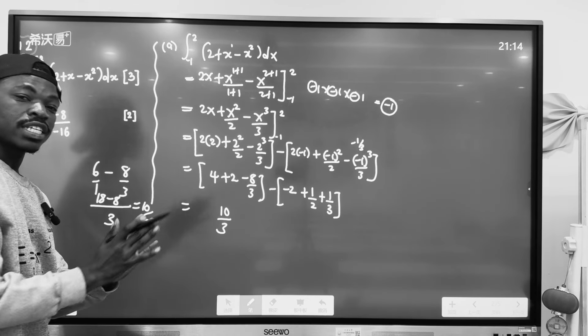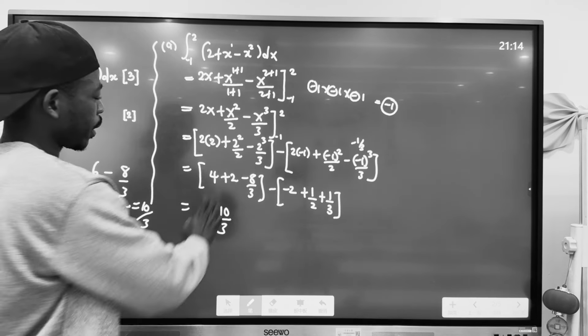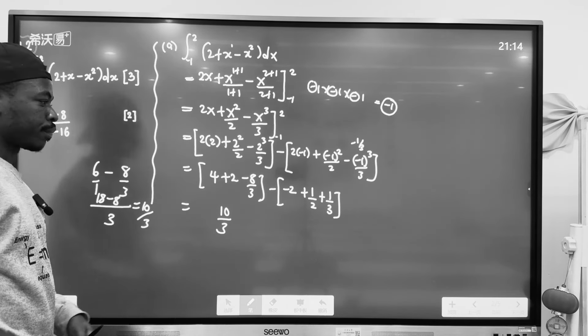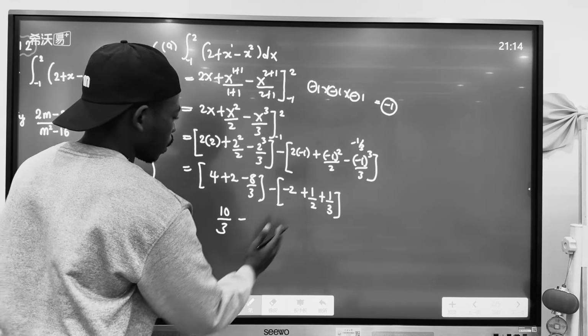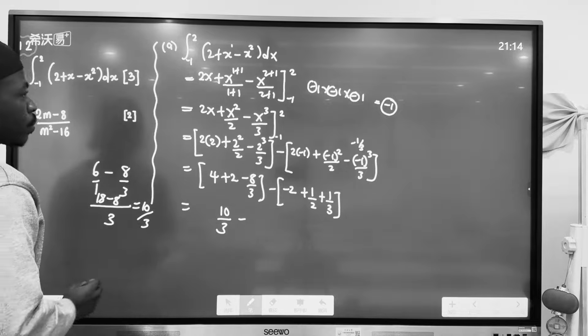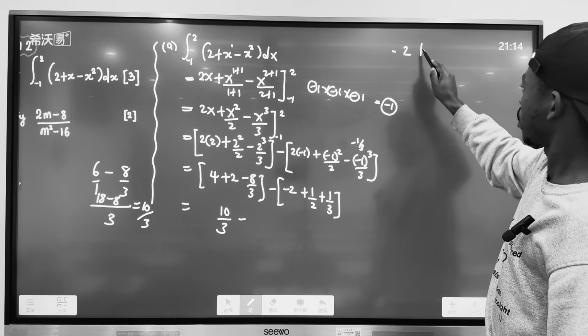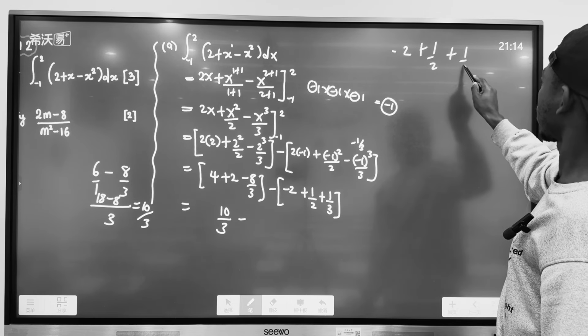But because this is mathematics paper 2, you can also use your calculator here and figure out what the answer is, as long as this process has already been shown. So we're going to say minus. Let's wait for the result from there. So what we have here, you can see we have negative 2 plus 1 over 2 plus 1 over 3.